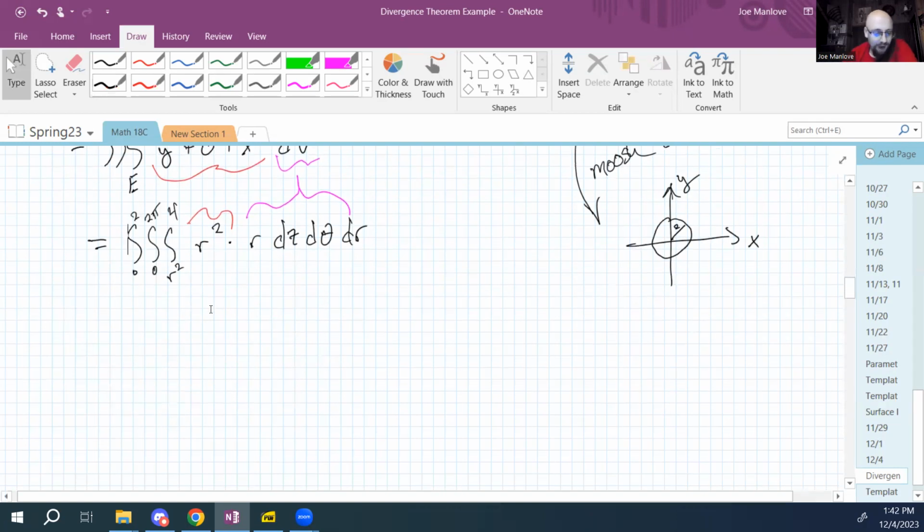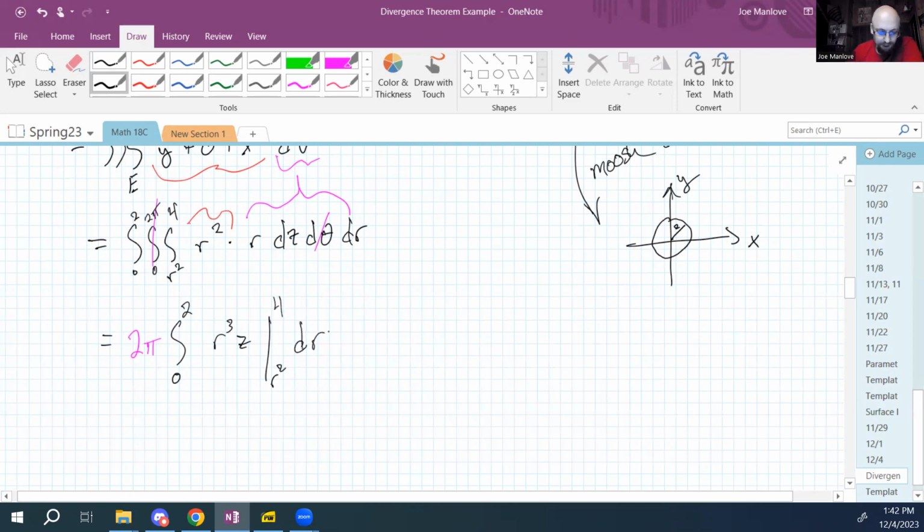Okay, now I actually have some work to do. So let's see. I'm going to get a 2 pi out anyways. So that guy's going to kick out a 2 pi. And then the rest of this I'm going to have to work for. So I've got an integral from 0 to 2. And then when I integrate r cubed dz, I get r cubed z, evaluated from r squared to 4.